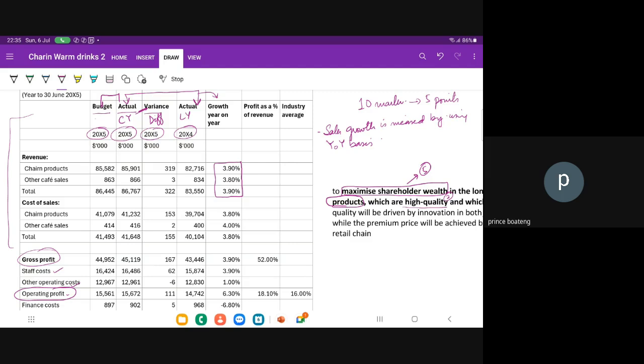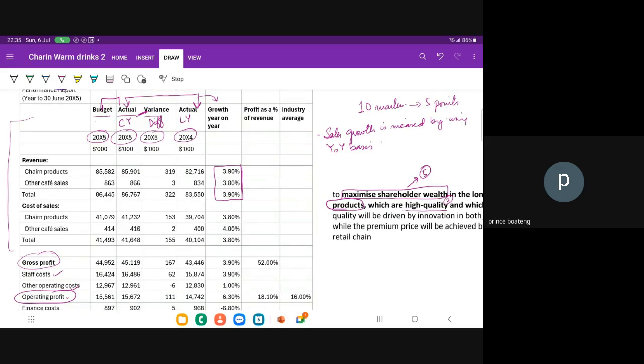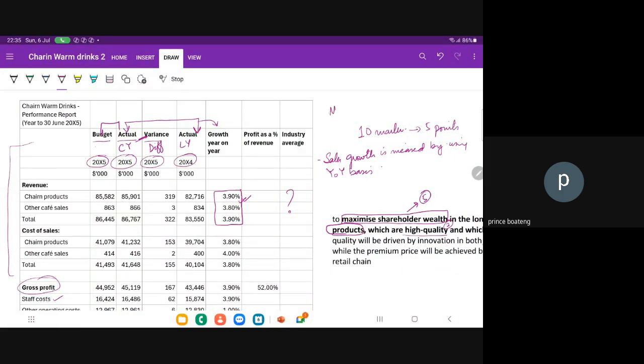Yeah, thank you. Yes, definitely. There's an important point that you're making, you're right. The company is measuring its sales growth on a year-on-year basis, right? But the company is not measuring whether this 3.9 is enough or not. In the case of market, there are two options. First option is that we can use market share, right?